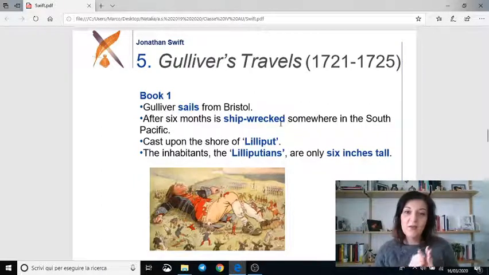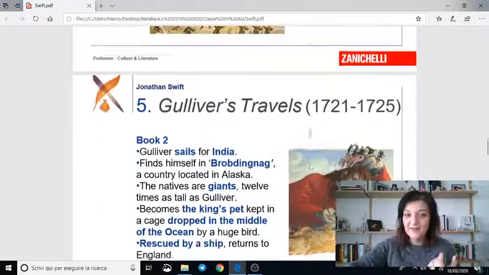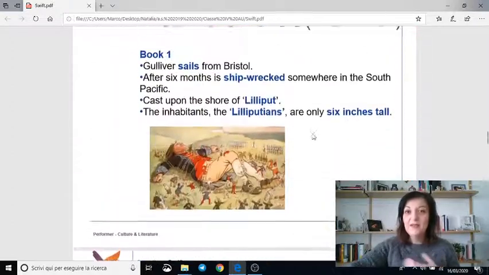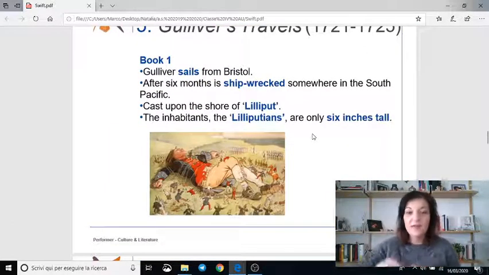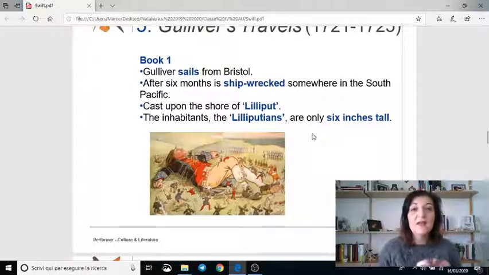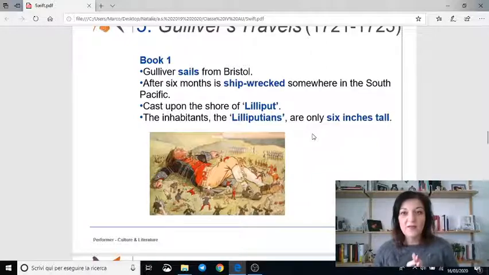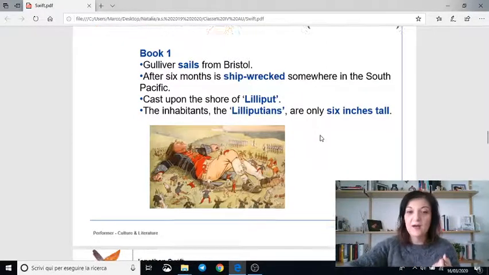I would like you to find online how many centimeters 6 inches are. So you will tell me next time, okay? So please try to understand how many centimeters these Lilliputians, namely the inhabitants of this land in the South Pacific, Lilliput, are.